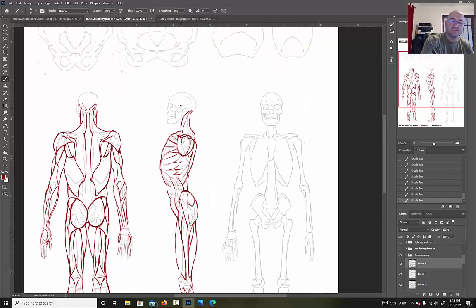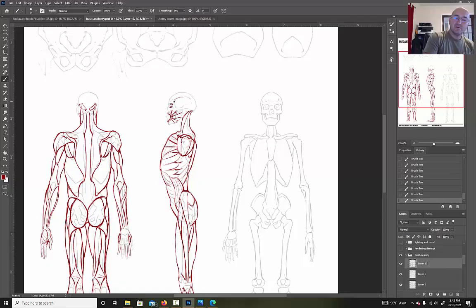Once you get up into the face, you've got a circular muscle that sits here, but then you've got the muscles that control your mouth movement all moving towards your jaw. And your eyelids.